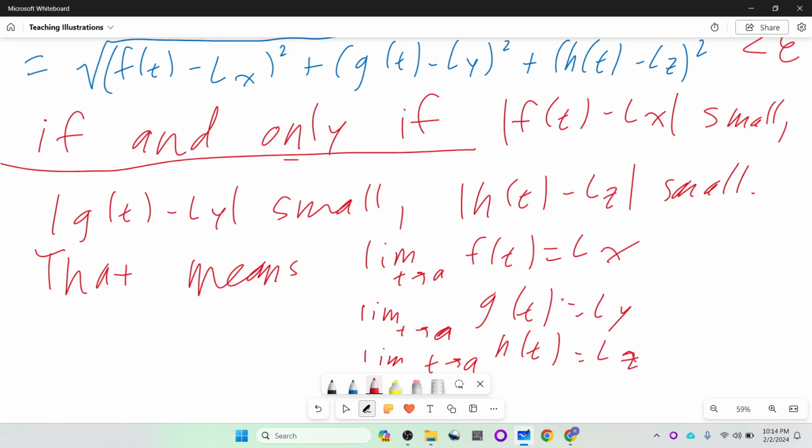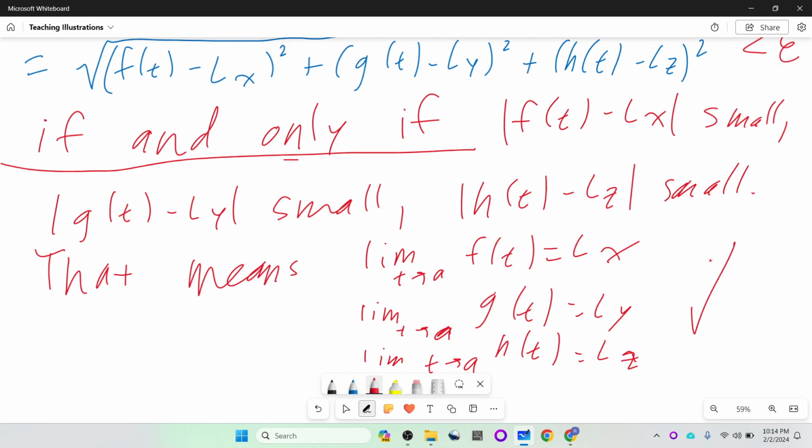But that means this is exactly what we want in the first place. Instead of doing the whole limit as one big piece all at once, we can split it into the f limit, the g limit, and the h limit, all separately. That's very good news for us.